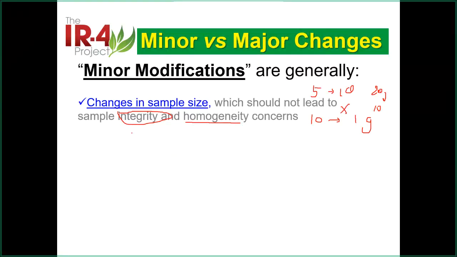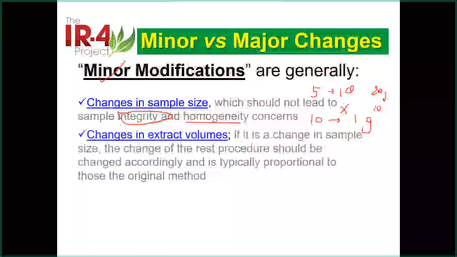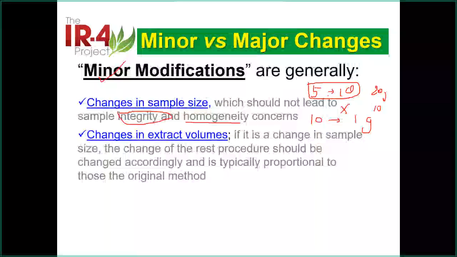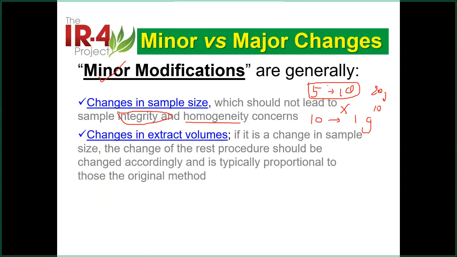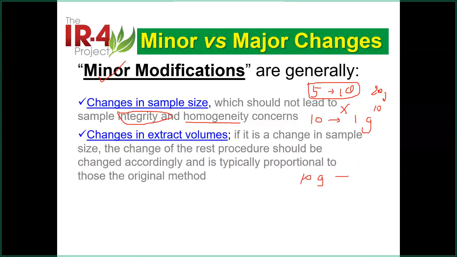In this case, that's called mild. It's small. Or you change a small portion of the extraction volume. Same thing, because you change it accordingly. Let's say if you use QuEChERS, for 10 grams you use 10 ml of acetonitrile.